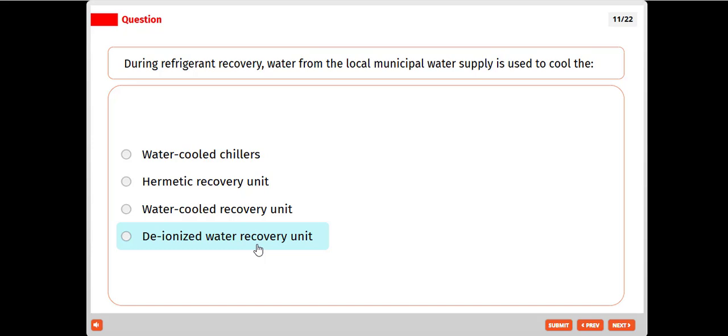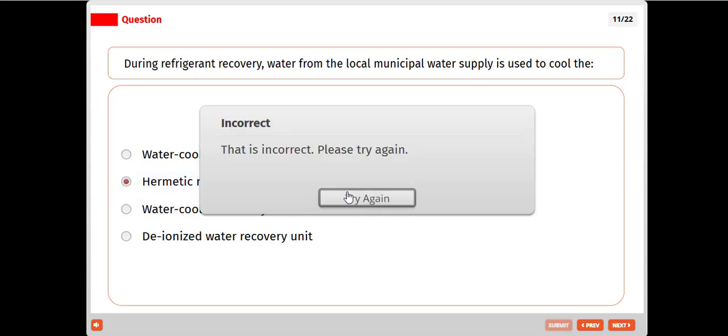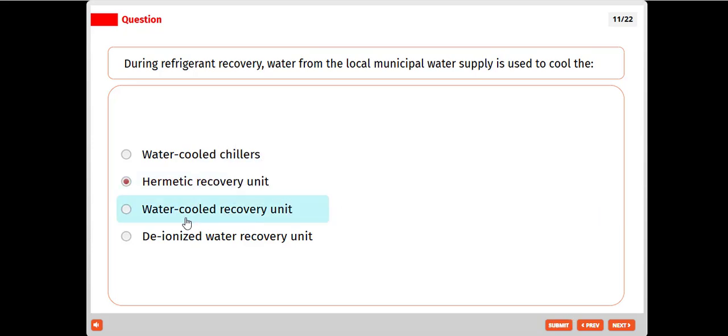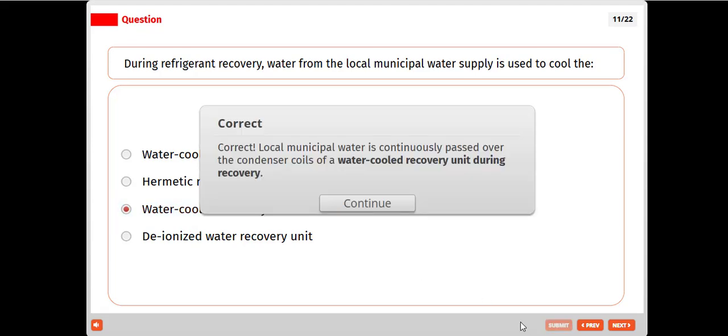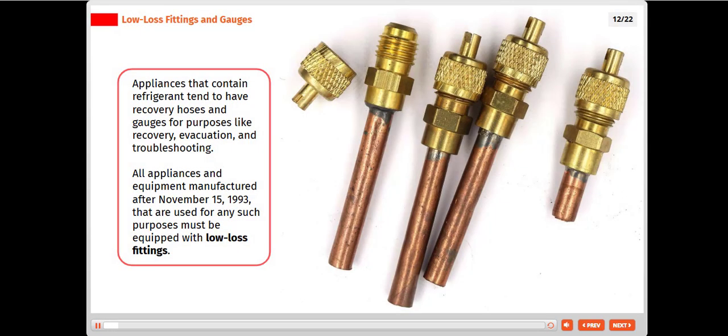Okay, during refrigerant recovery, water from the local municipal water supply is used to cool hermetic recovery unit. No? Water-cooled recovery unit. Yeah, local municipal water is continuously passed over the condenser coils of the water-cooled recovery unit during recovery.